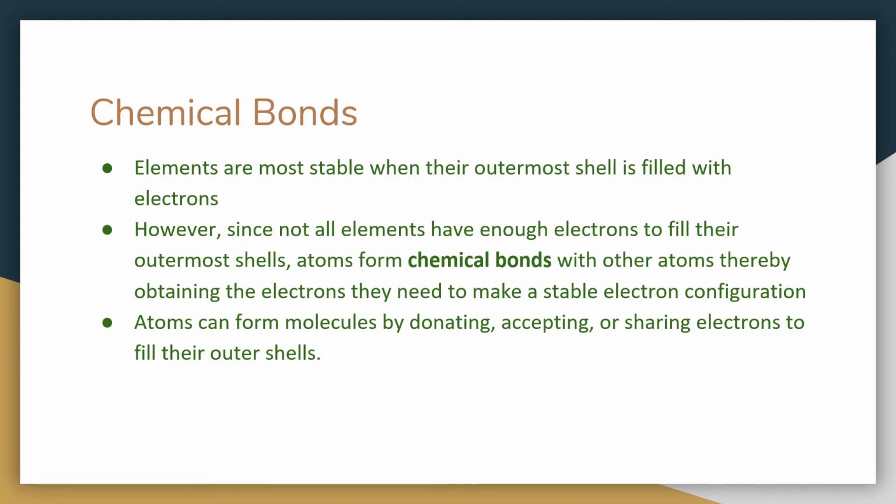Atoms then form chemical bonds with other atoms by obtaining the electrons that they need to make a stable electron configuration. So atoms can form molecules by either donating, accepting, or sharing electrons to fill their outer shells, because that's their goal, to become stable.